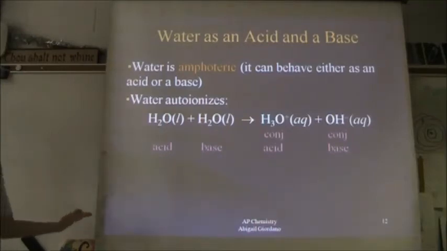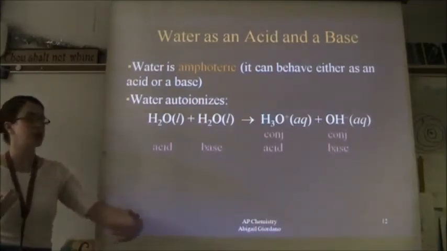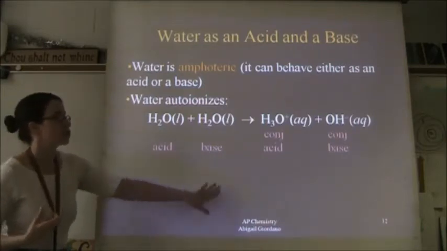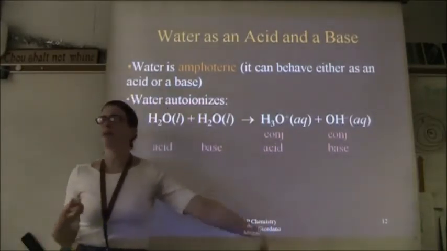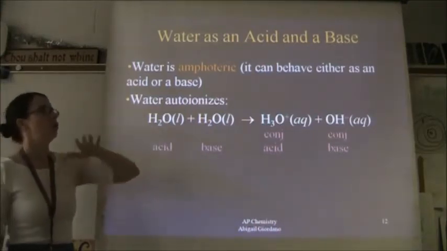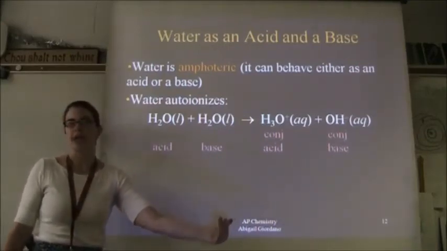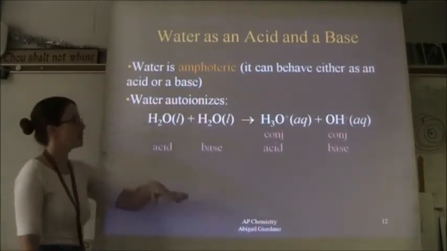Some terms we learned at the beginning of this chapter: conjugate acid, conjugate base. These are terms that are primarily going to come up in multiple choice. You know, here's a reaction. Which of the following species is the conjugate base? A, B, C, D. Okay.